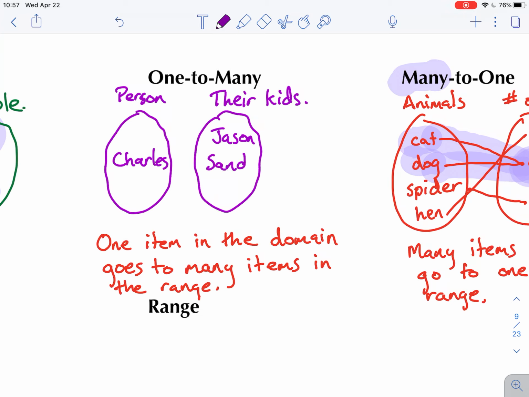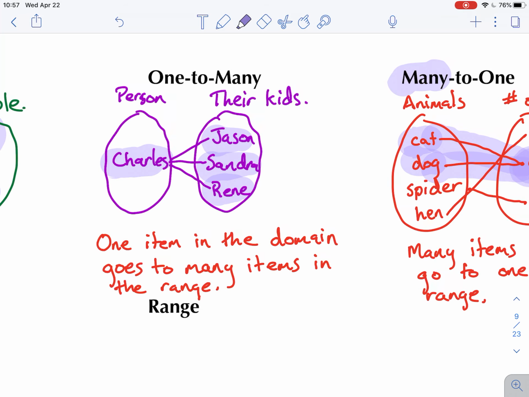So we got a person named Charles. There's 3 people there. Charles goes to 3 kids. So here we have one item in the domain going to 3 different items in the range.